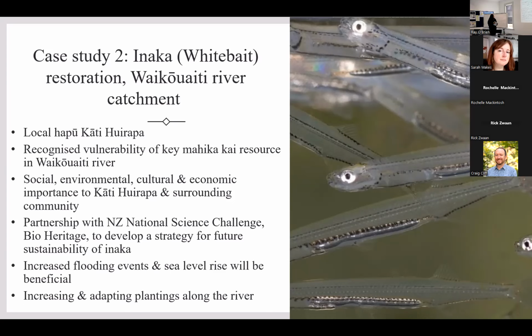So they have partnered with New Zealand National Science Challenge Bioheritage to develop a strategy for future sustainability. They found that increased flooding events and sea level rise will actually be beneficial and that switching to exotic grasses created more favourable conditions for the inaka.